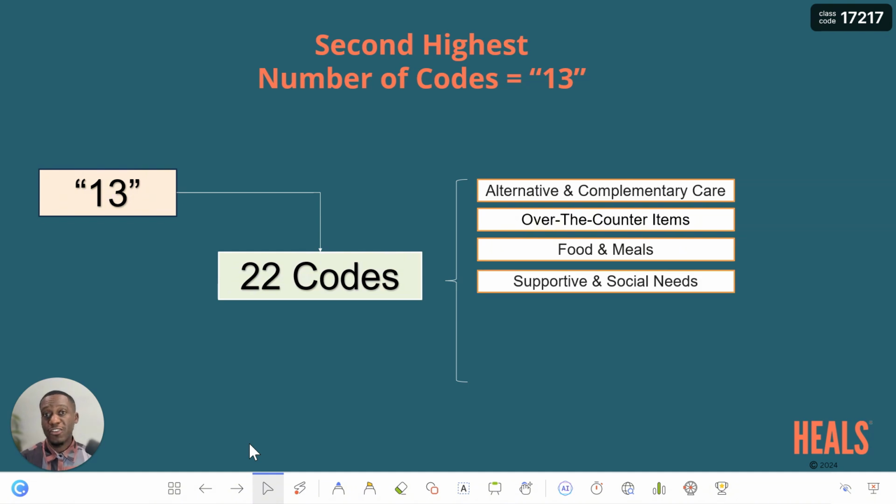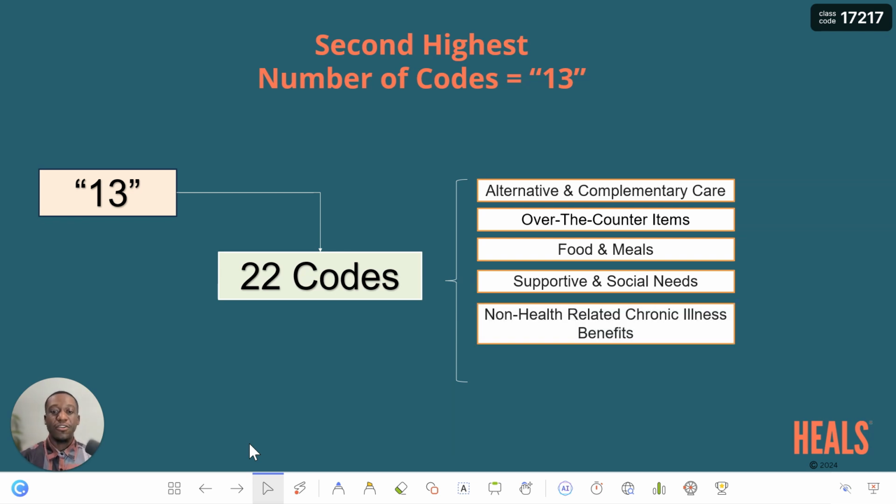There are supportive and social needs seen in the leading number 13 supplemental benefits codes, and also non-health related chronic illness benefits. Finally, there are some other supplemental benefits codes within this leading number 13.